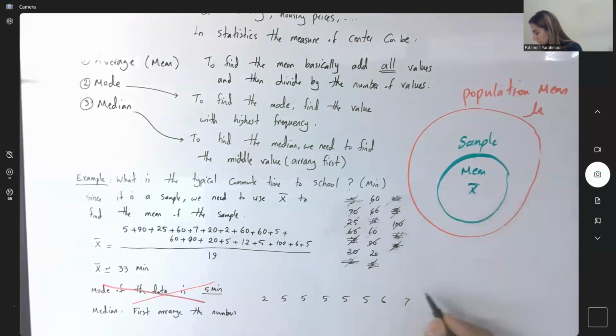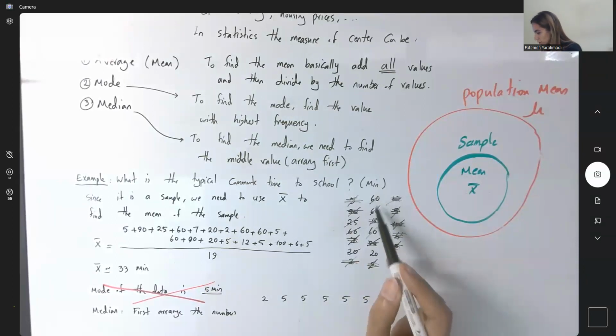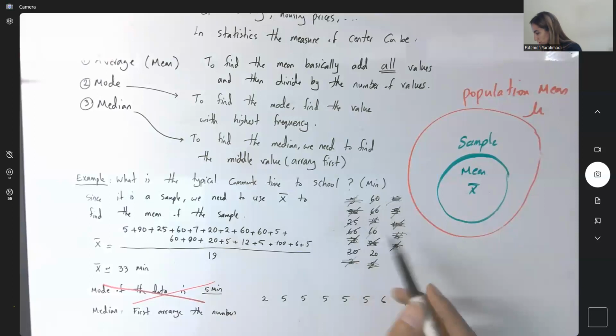All right, 12. Okay, you can start by writing the largest to smallest if it's easier for you. So you had 100, and then you had, let me see, 90. 90 was repeated twice, 90 and 90, and then you had 60, 1, 2, 3, okay, another 60, another 60 here, another 60 here.